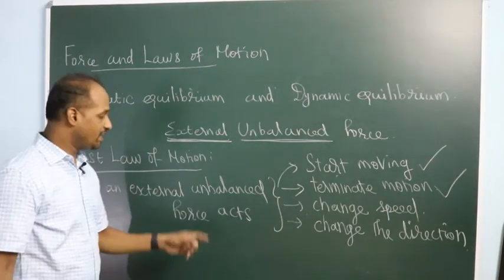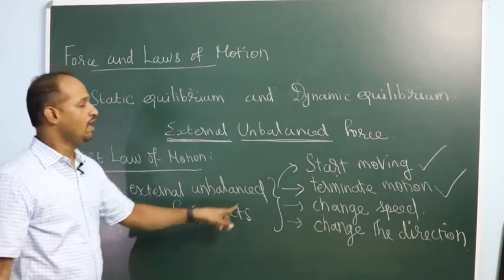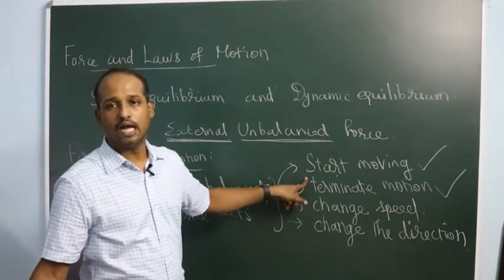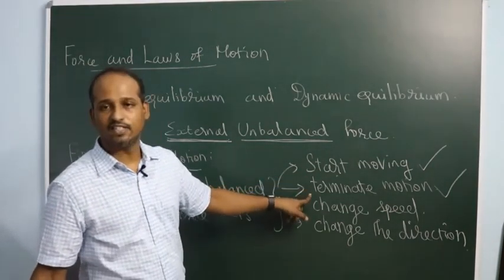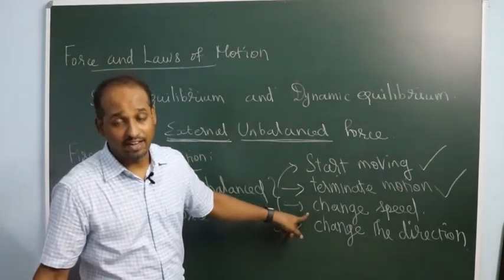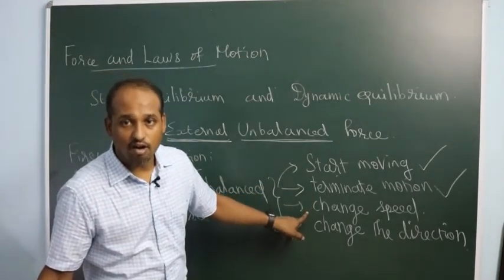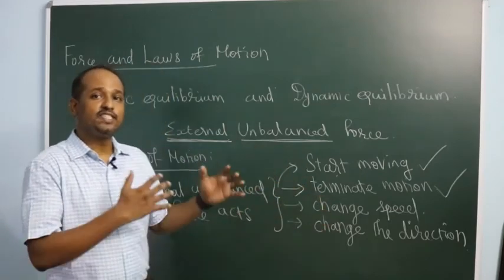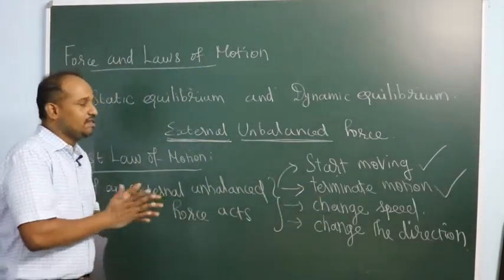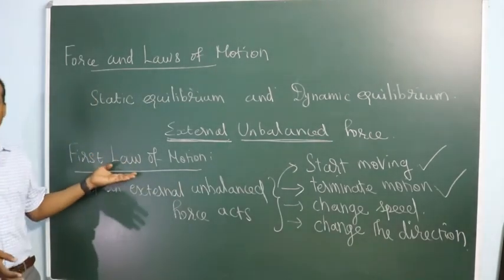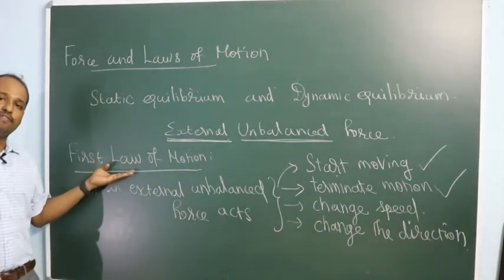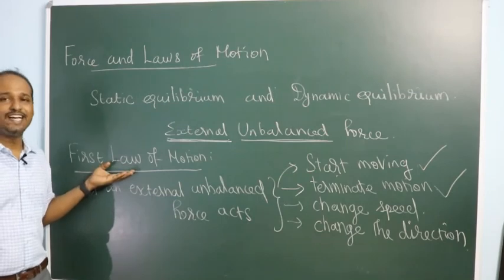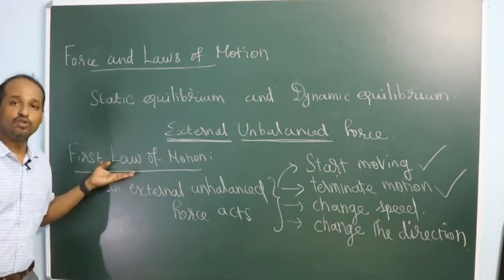That means if an external unbalanced force acts on it, an object at rest may start moving. An object in motion may come to rest, or its speed might increase or decrease, or its direction may change. These are things the force is capable of doing. So this first law of motion is called the qualitative definition of force. That means it explains what force can do.